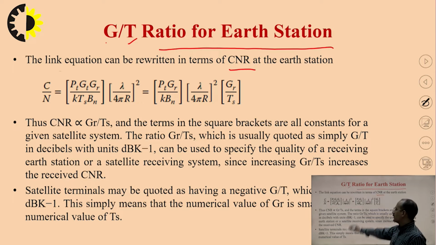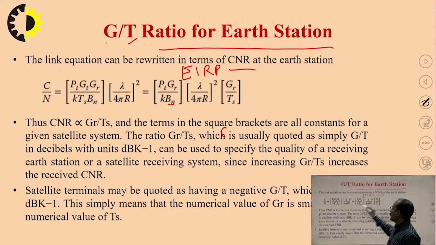As per the C by N ratio that we derived in the previous section, C by N is equal to PT GT GR upon K TS Bn with lambda upon 4 pi r whole square, where PT GT is the EIRP, effective isotropically radiated power, as I told you earlier, Bn is the bandwidth, K is the Boltzmann constant, and GR is the gain of the receiver.